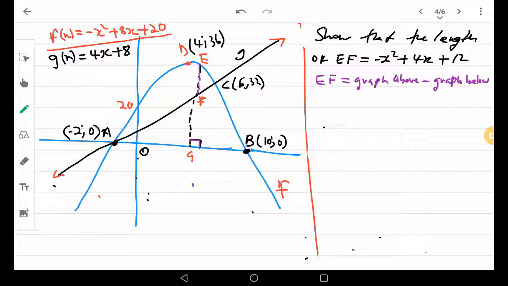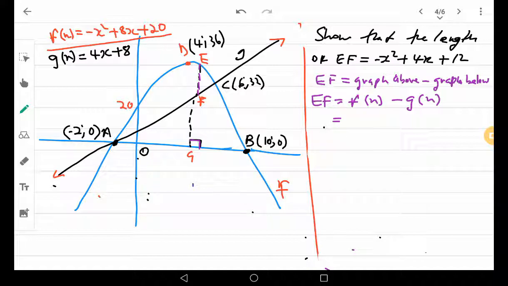If you check EF, which one is above? The parabola is above, right? We're going to have f of x minus g of x.